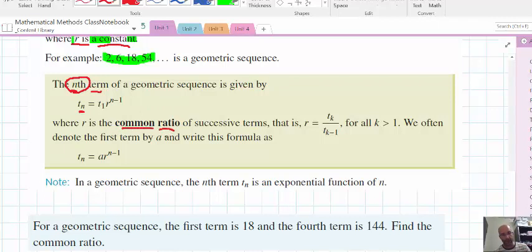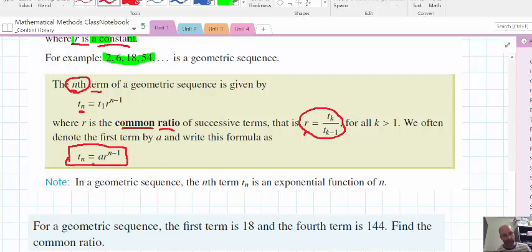As I said, r is called the common ratio, and if you take two successive terms, the current one divided by the previous one, you get r.